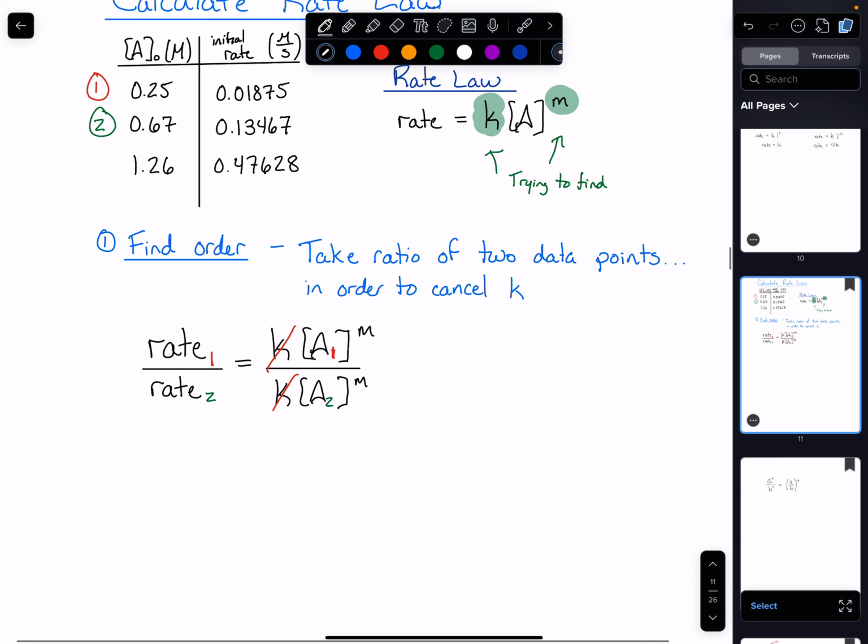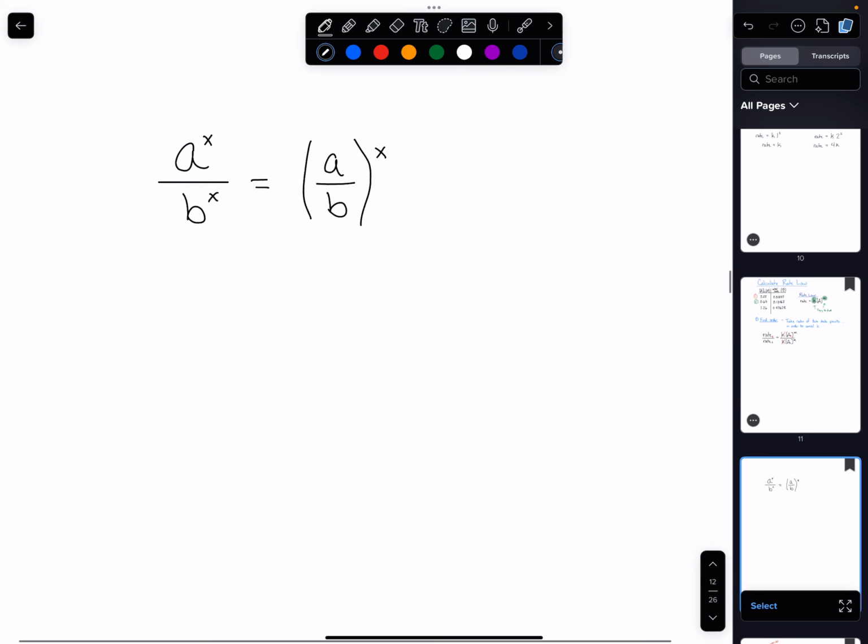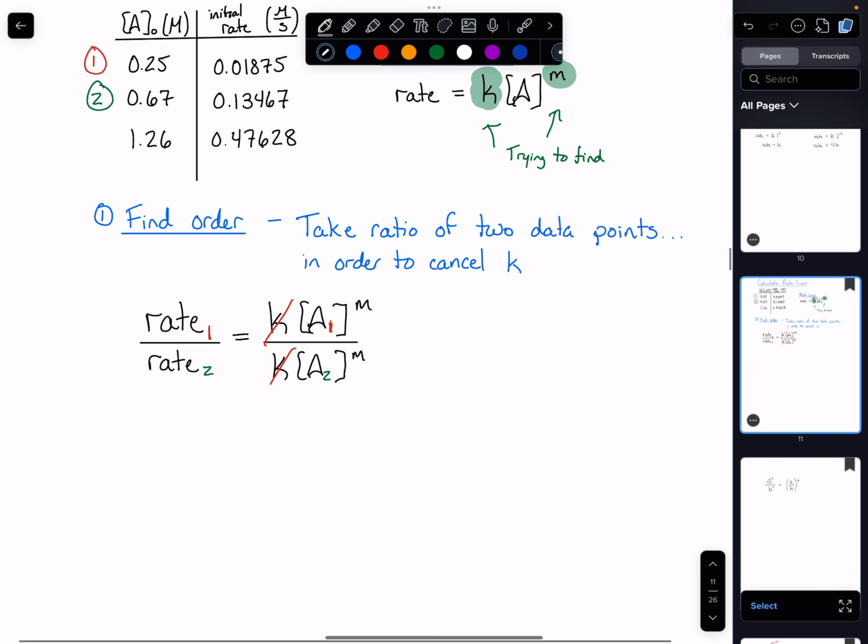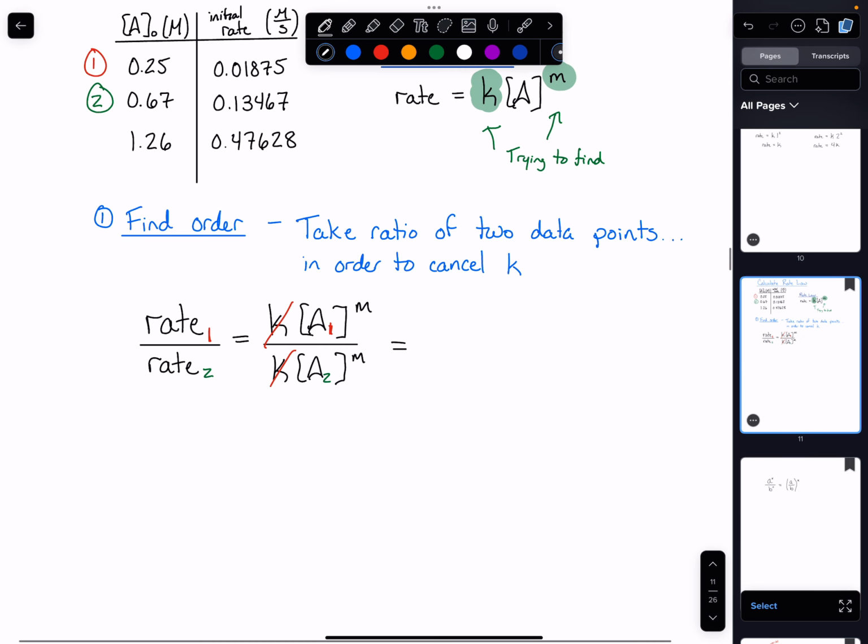So I got rid of my k's. Now I can simplify this.